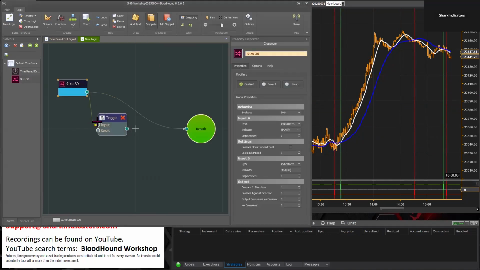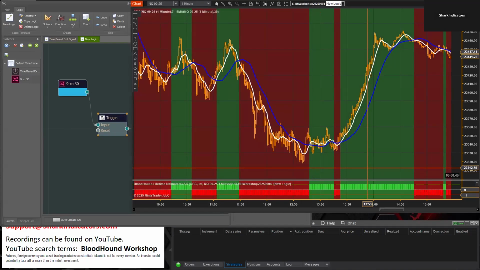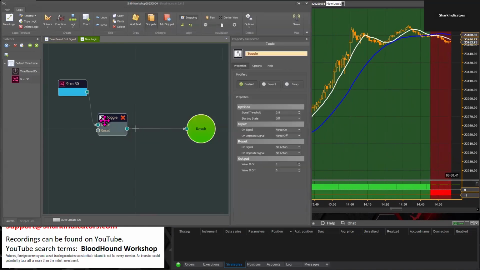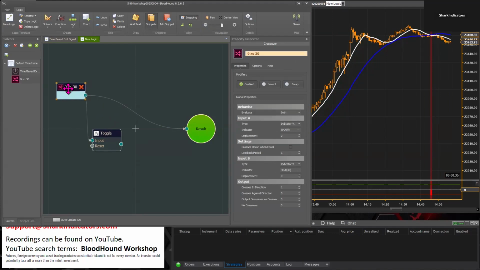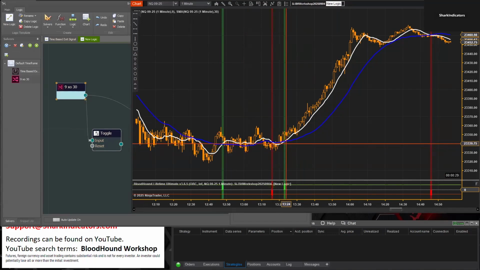If I connect that into the toggle node, with the default settings, the on signal is force on, and when an opposite signal comes in, it turns whatever long or short side off, like so. This is a simple way to handle a single output.